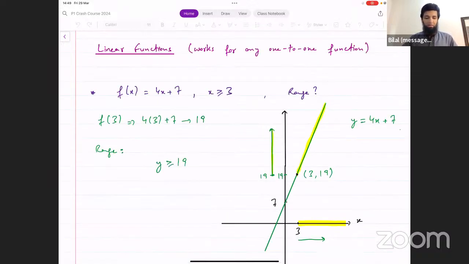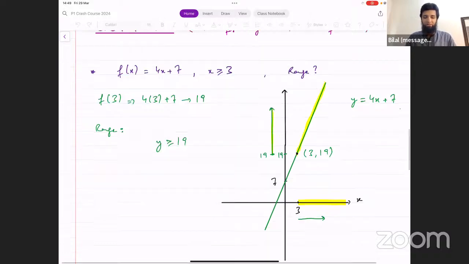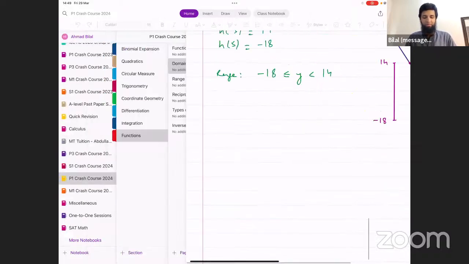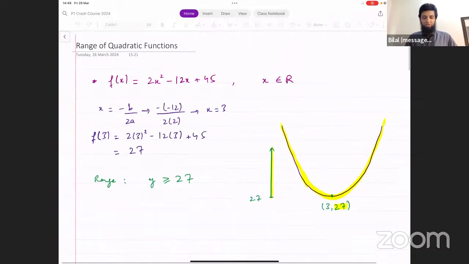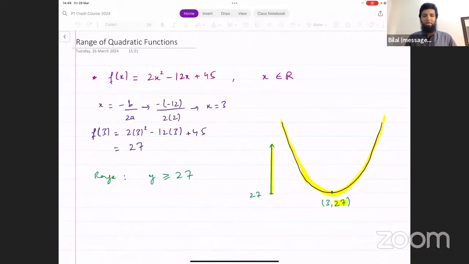And for any other one-to-one function, all you have to do is just look at the endpoints, and you can find the range. For linear functions, you can actually sketch the graph and try to understand from the graph what the range looks like. We talked about range of quadratic functions. That's the most important one because it's the one that's tested most frequently.